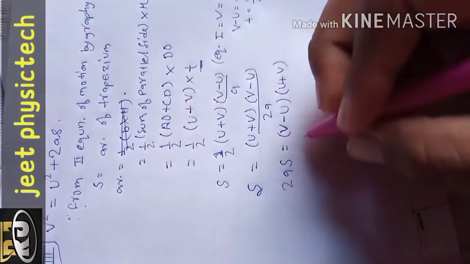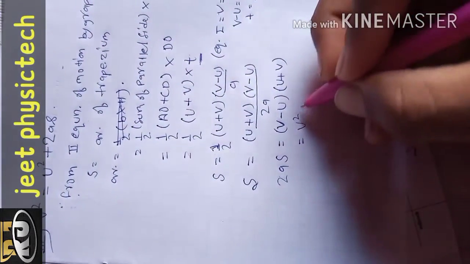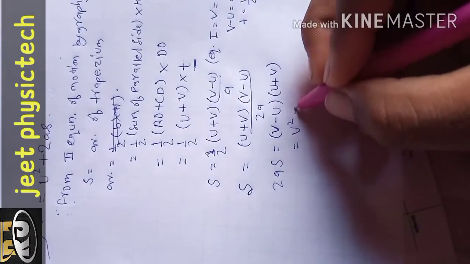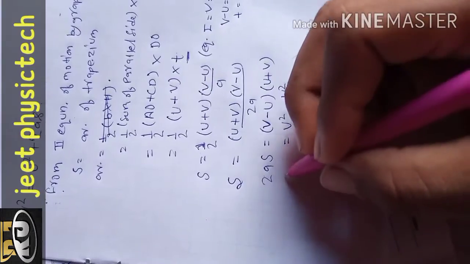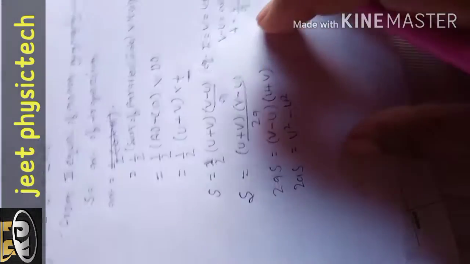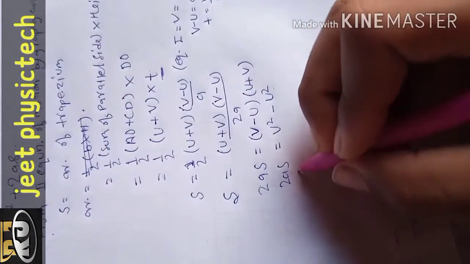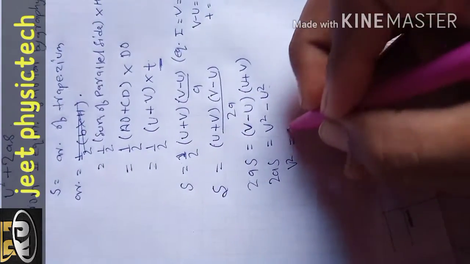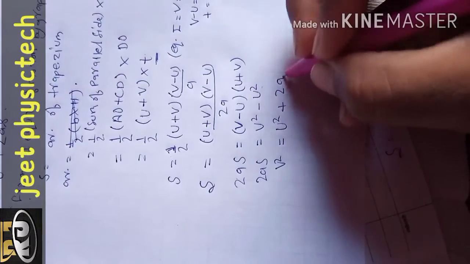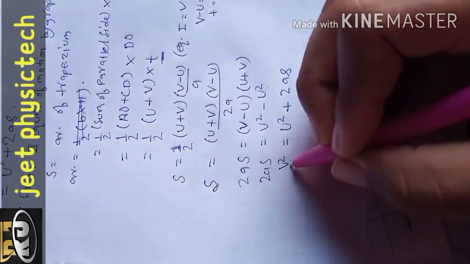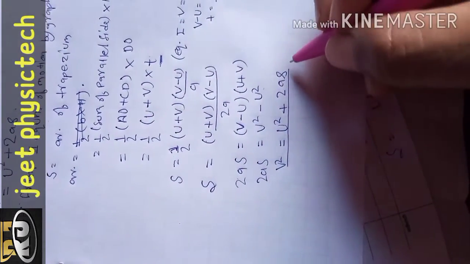Solving this gives v square minus u square. So 2as is equal to v square minus u square. Rearrange this: v square is equal to u square plus 2as. So friends, it's derived. I hope you all understand.